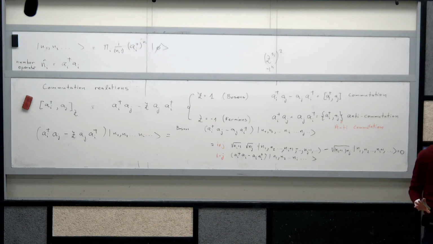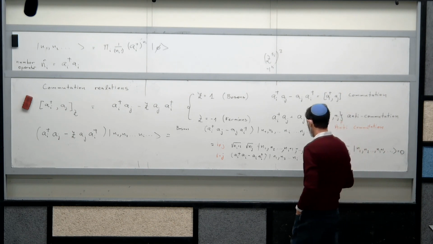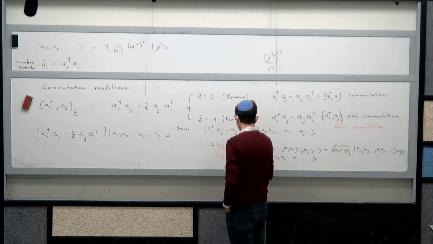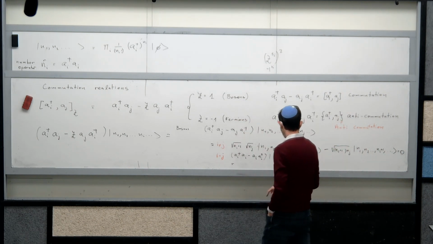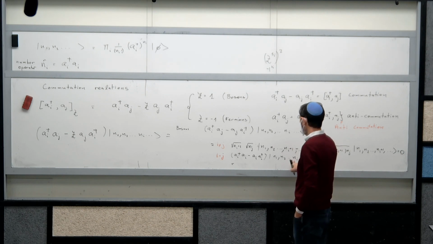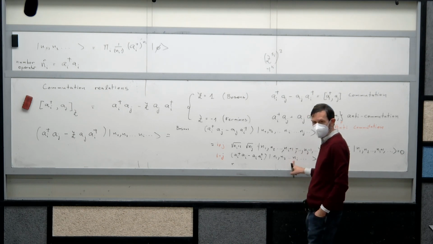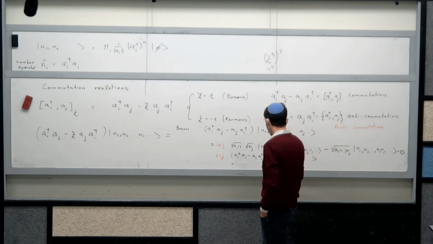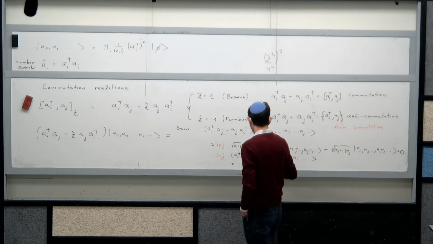Okay, I just wrote what I'm going to do. So, the first term, I'm removing here someone from Ni, and I'm getting here square root of Ni.